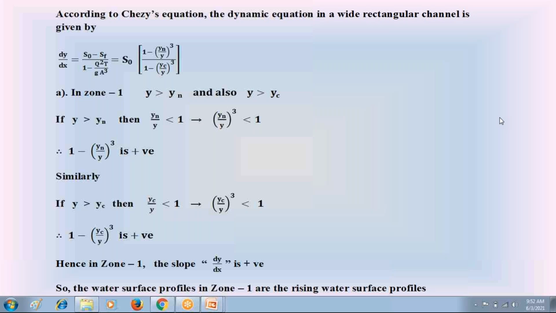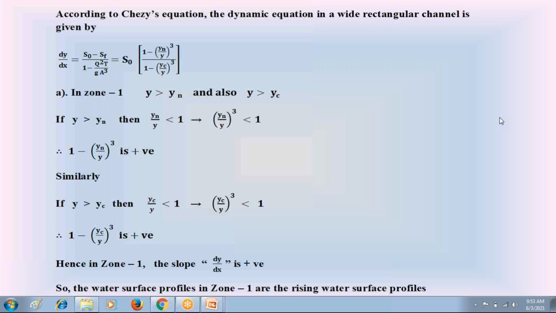Okay, now coming to the determination of slope of water surface in zone 1, zone 2 and zone 3. This is very important. Please listen carefully. I am going to explain the determination of slope dy by dx in zone 1, zone 2 and also zone 3.